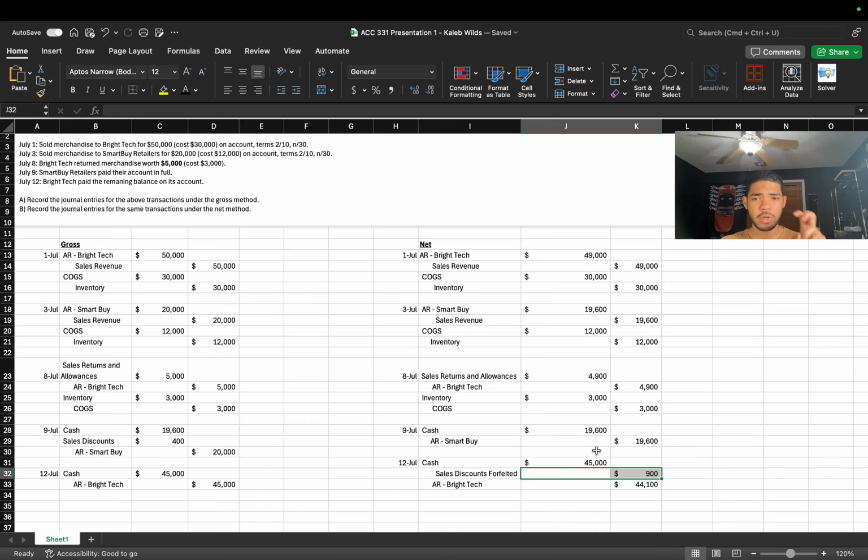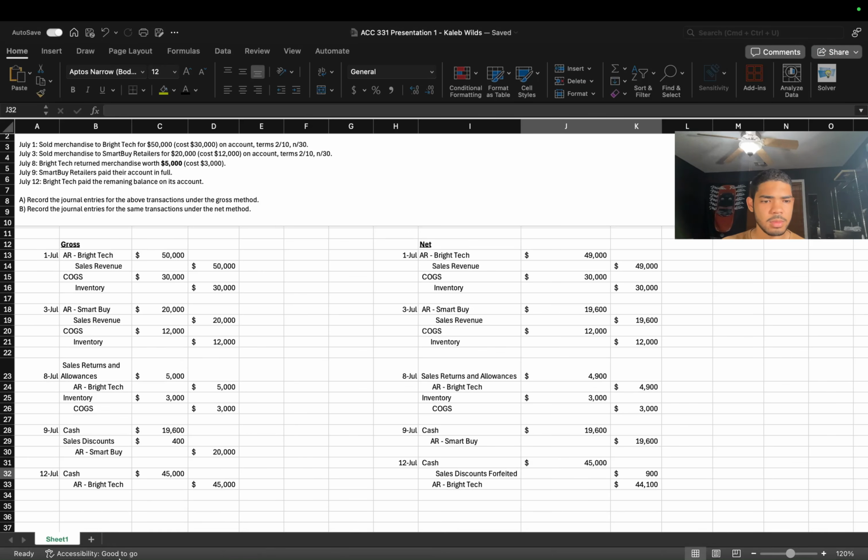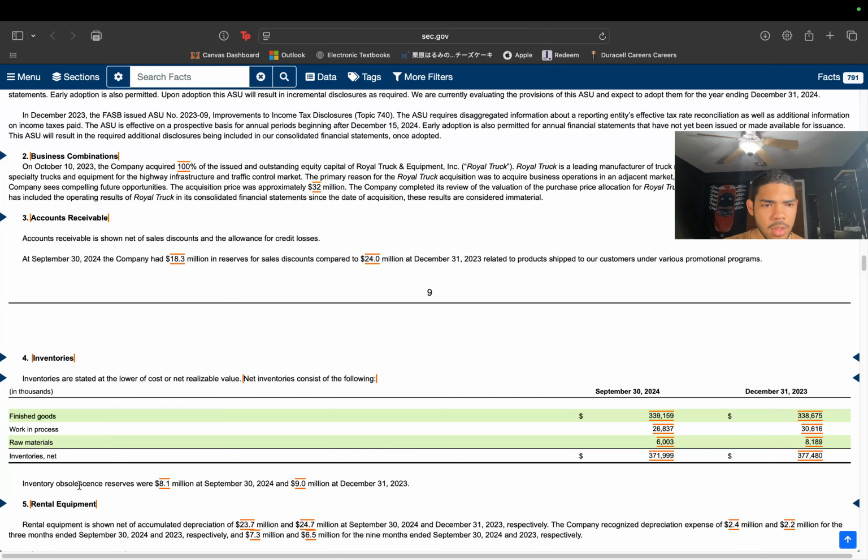Instead of forfeiting the $900 discount, this $900 would actually be covered by Ashby within these reserves here. The 900 would have been included in the reserves to account for them taking advantage of the $900 discount. So that's just an example of how accounts receivables can be seen in the real world under a net approach.